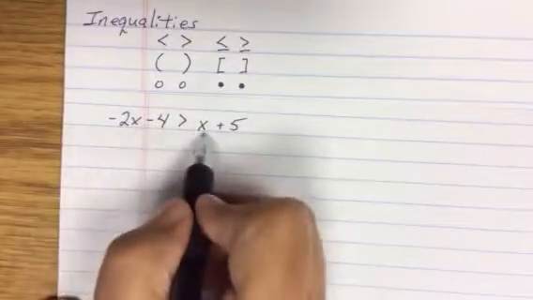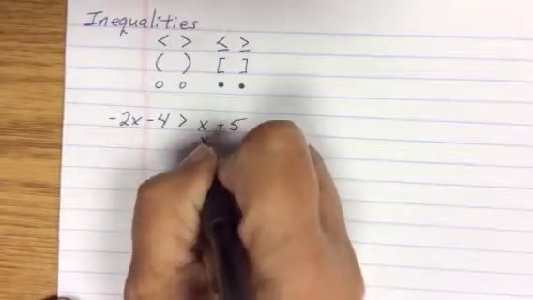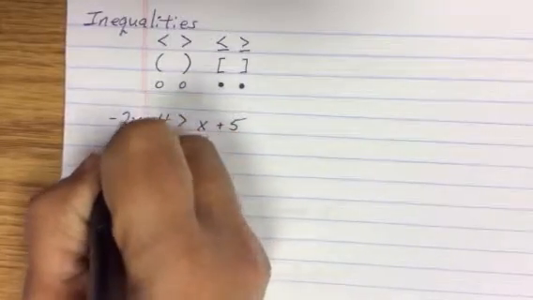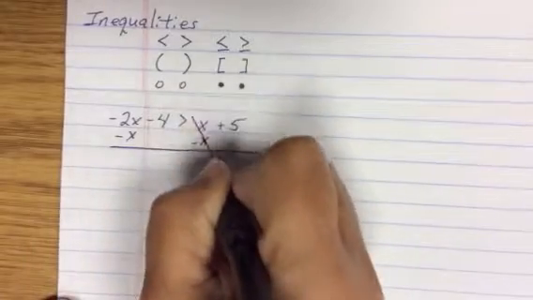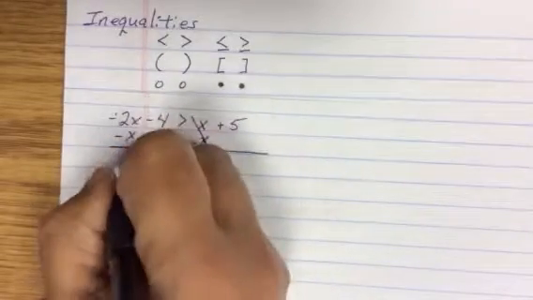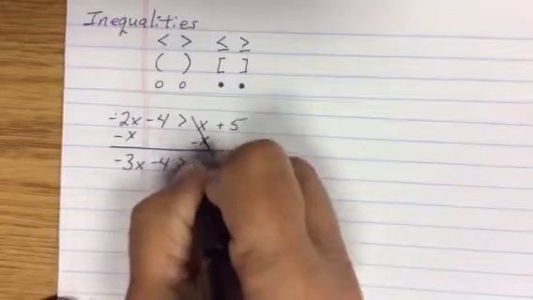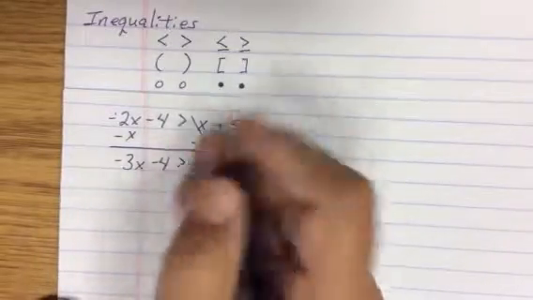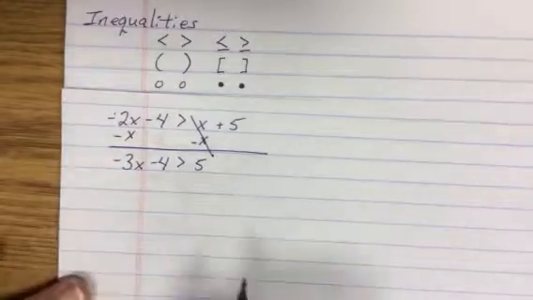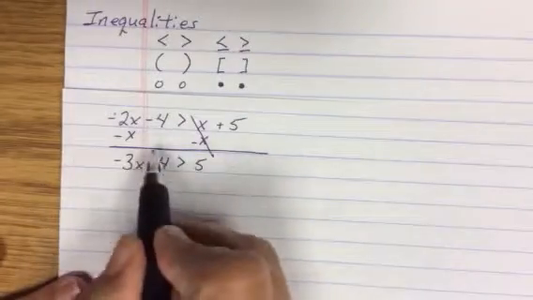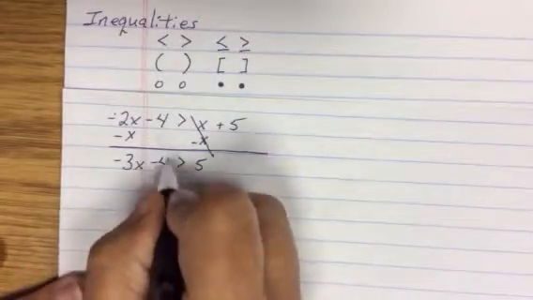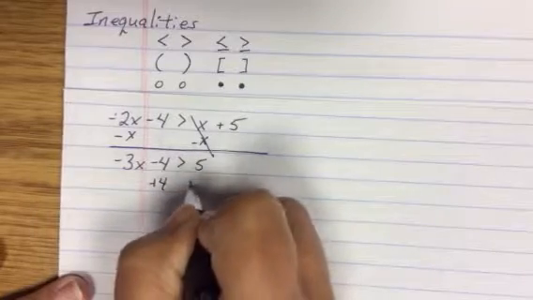So I have a variable on either side. So I'm going to subtract this x off, so I'm moving him to the left. Negative 2 minus 1 gives me a negative 3x. And I'm treating this as if this is an equals, even though it's not. Variable to the left, constant to the right. My constant's a minus 4, so I'm going to add 4 to both sides.